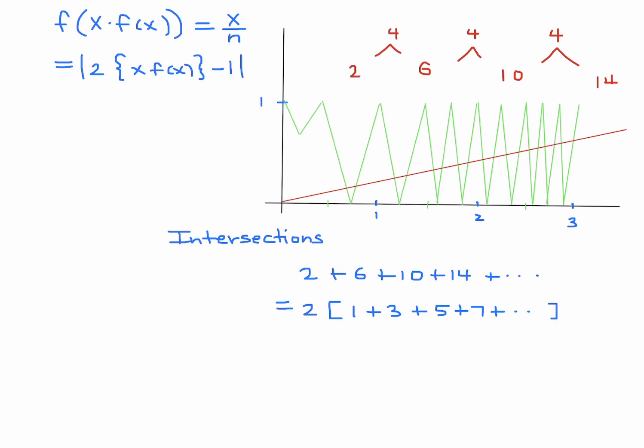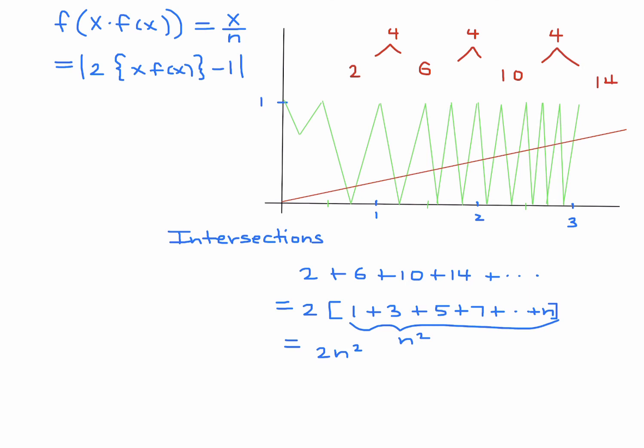And that's obviously the sum of the first n odd numbers, if it goes all the way up until n. And the sum of the first n odd numbers is always equal to just n squared. So this is just 2n squared.